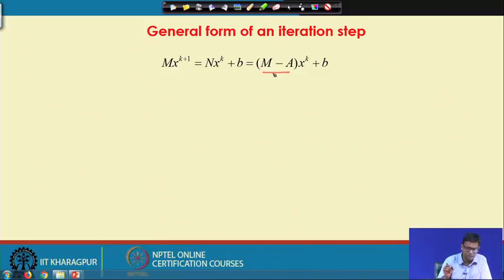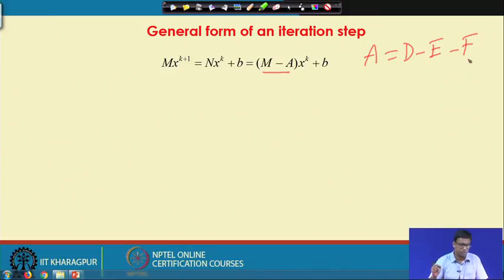And if we recollect, A is equal to D minus E minus F: diagonal, minus lower triangular, minus upper triangular.